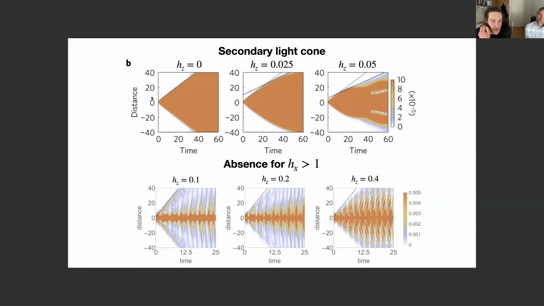The other thing that you can observe is that if you are outside this ferromagnetic phase, so the transverse field is bigger than one, you basically don't see anything, even if you switch on your longitudinal field.